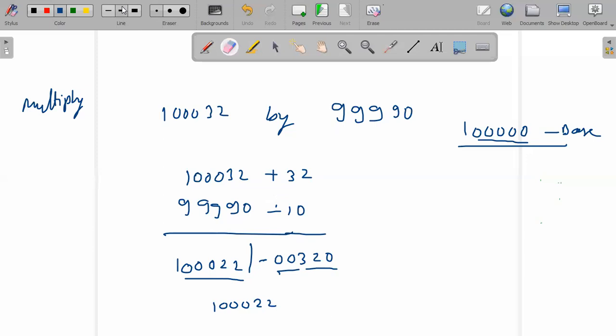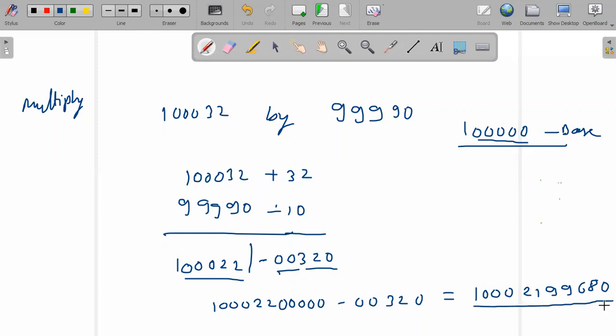Multiplication will give 5 zeros, and the subtraction will be 00320. So it is equal to 10002199680. This will be the final answer.